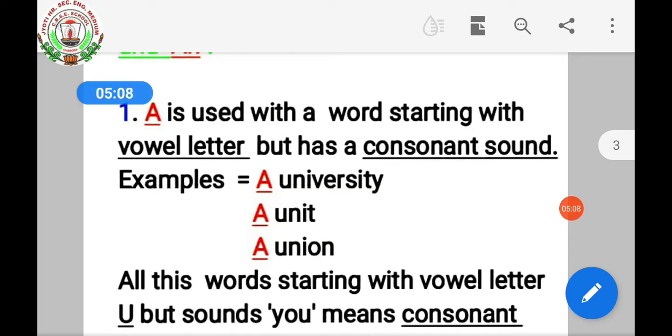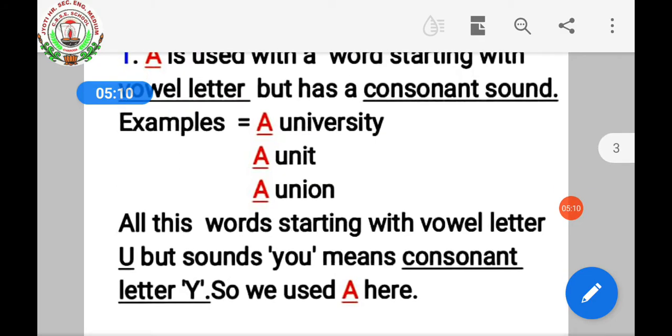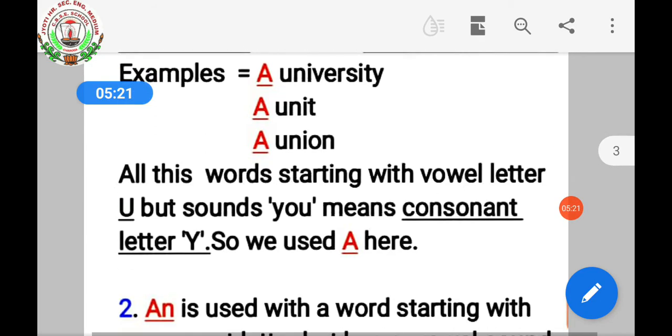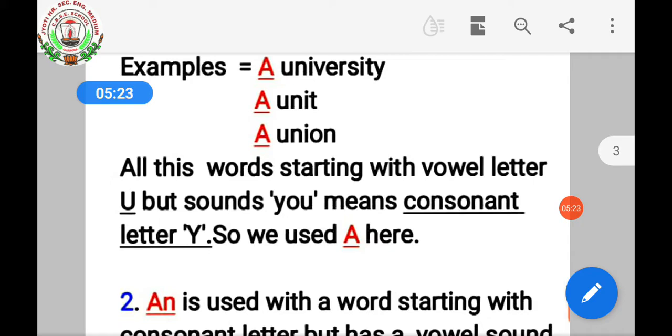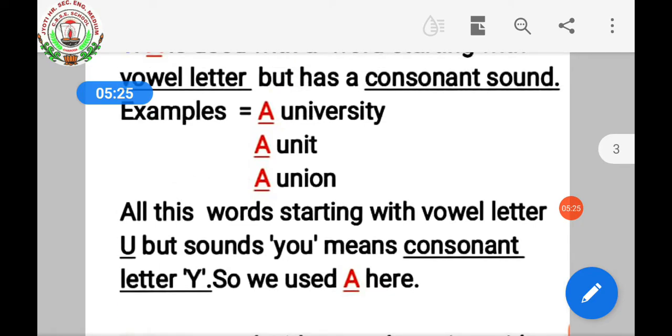University, a university. A unit. A union. All these words start with the vowel letter U, but the sound is the consonant Y. So we use a here.